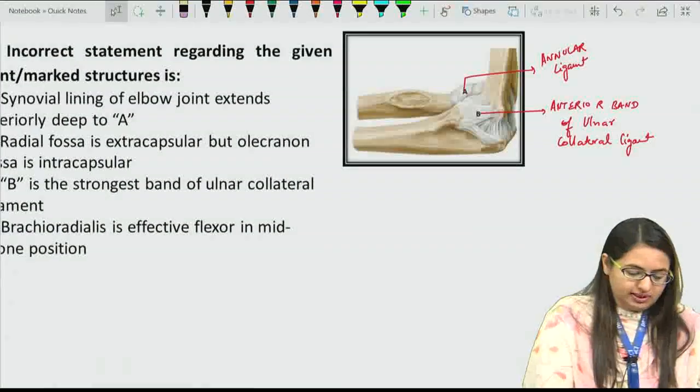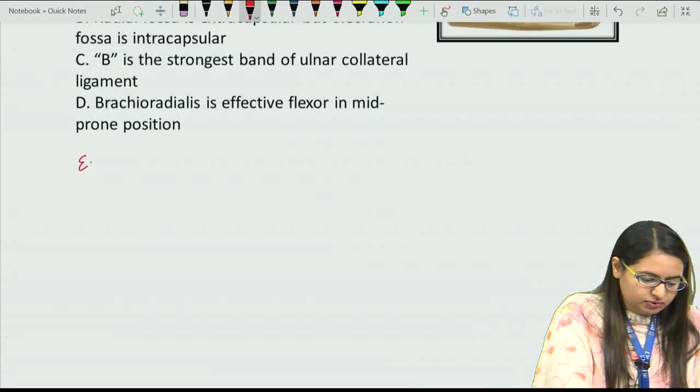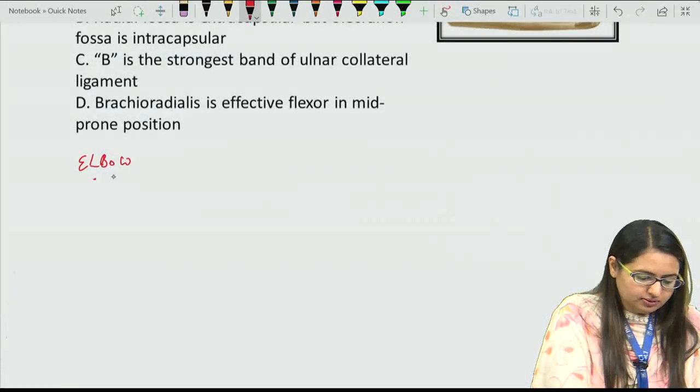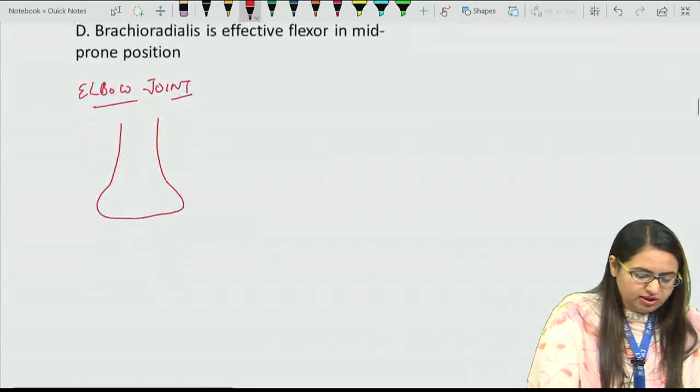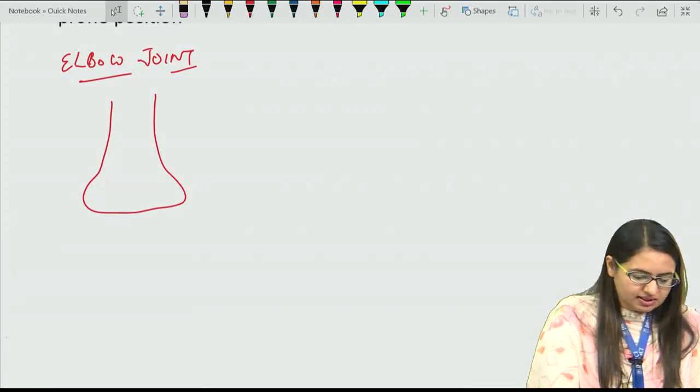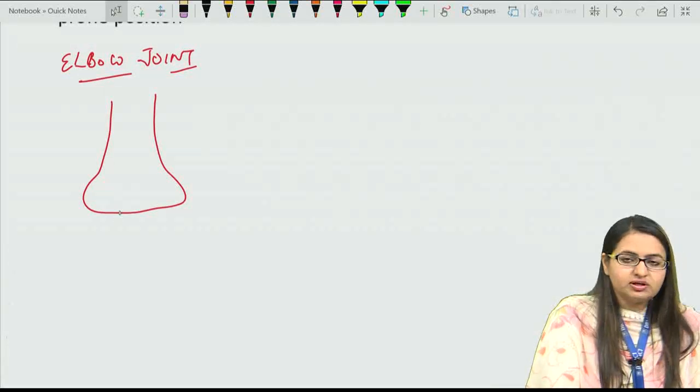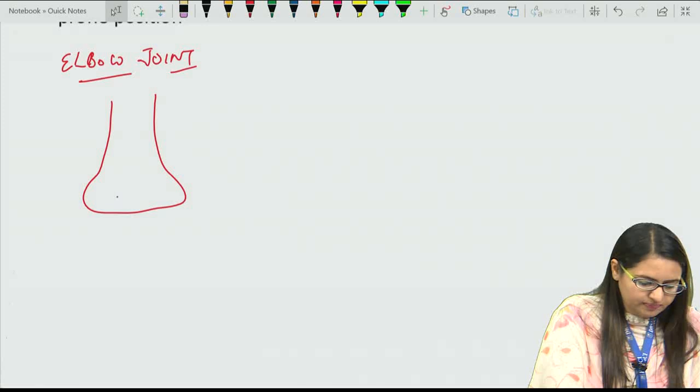Now regarding the elbow joint, it is formed by the lower end of the humerus. If you see the lower end of the humerus towards the anterior side, it has projections which are termed the capitulum and the trochlea.